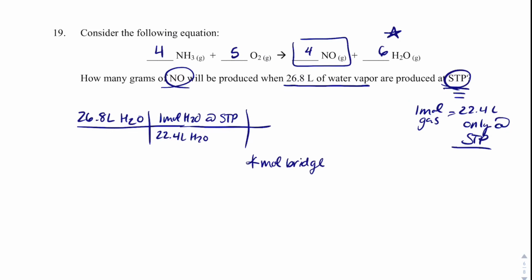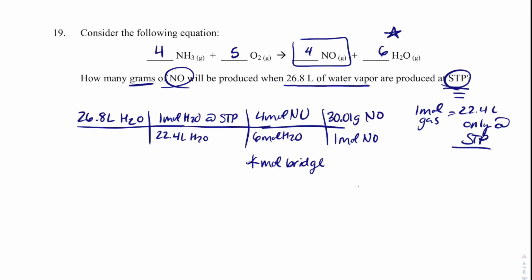There are 6 moles of H2O and 4 moles of NO. We're asked for grams, so in 1 mole of NO, there are 30.01 grams of NO. When we solve that out, we get 23.94 grams of NO. Again, I'm not sure if it's right, but at least it's not millions and billions, so that makes me feel pretty good.